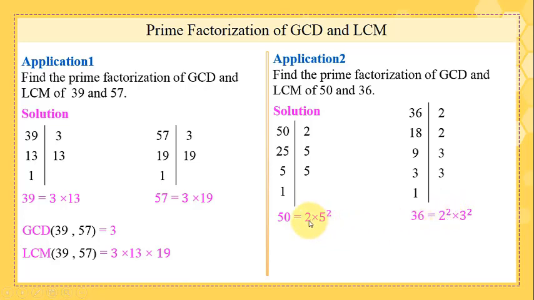We take the one with the smallest exponent, so the greatest common divisor of 50 and 36 will be equal to 2. The least common multiple of 50 and 36 will be equal to 2 exponent 2 times 3 exponent 2 times 5 exponent 2. Since 2 is common between these two numbers, we are going to take the one with the greatest exponent according to the rule.